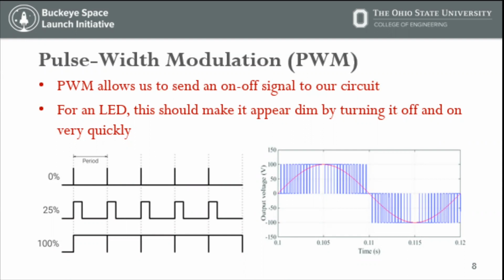There's a visual representation of what this actually is. So you can see 0%, which would be completely off. There is no on or off, with the upper level being on, lower level being off. 25% would correspond to a 25% dim, or 25% of the full brightness of that LED. So for a quarter of the time, the circuit is on, and for 3/4 of the time, the circuit is off.